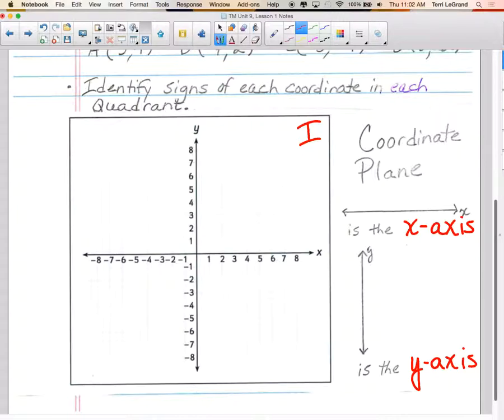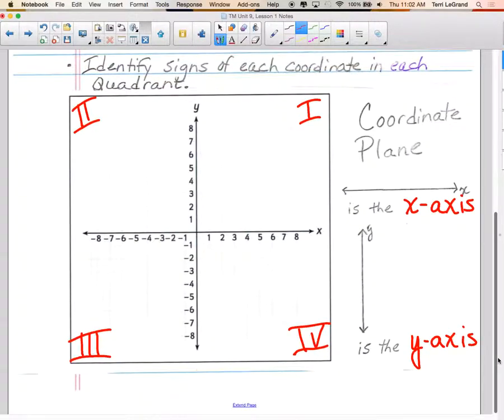Counterclockwise is this way, going backwards on the clock, right? So where would quadrant 2 be? Upper left. Quadrant 3, we just keep going around the clock here. Quadrant 3, quadrant 4. And notice we use Roman numerals, not Arabic numbers, right? Okay, that's the quadrants.